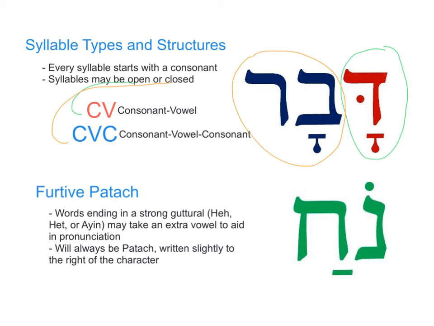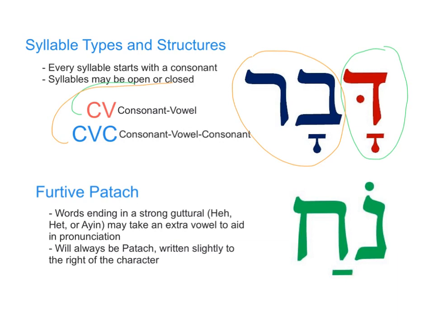Words ending with one of those gutturals may need a little help in pronunciation, so we might actually have another vowel, kind of a helping pronunciation vowel, show up, and it will always be a patach. And it will always be just offset to the right of this final character.